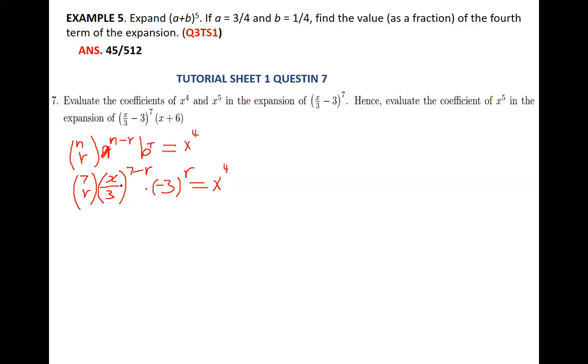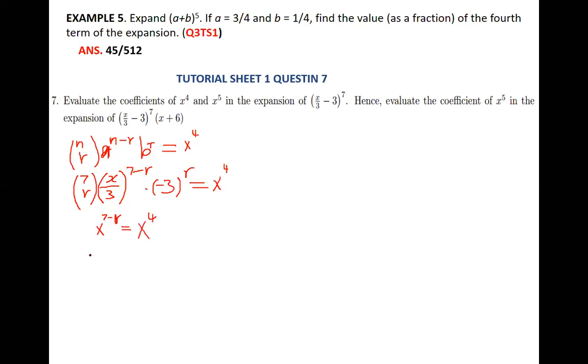So here we're just interested in x. So I'm just going to get out the x and leave all the constants, all the numbers. So I'm going to get x to the power 7 minus r. When you distribute this 7 minus r to everything there, you have x to the power 7 minus r alone. You get it like that, and then you equate it to x to the power 4.